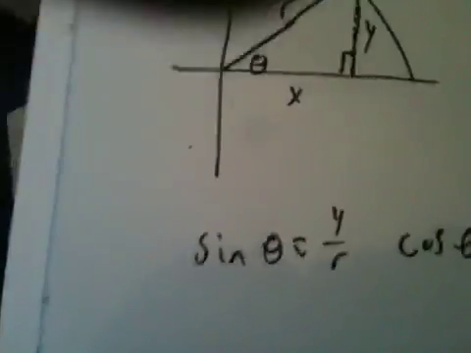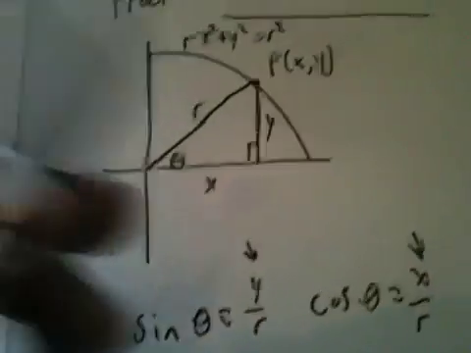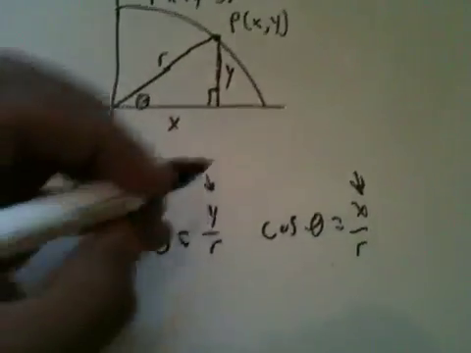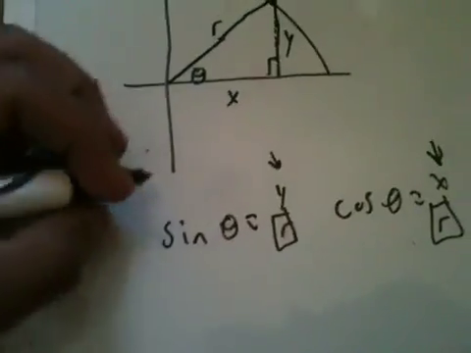Now, if we want to solve for the variables in the numerator, the y and x in this case, we can just multiply both sides of each equation by r. So we'll just do that right now.